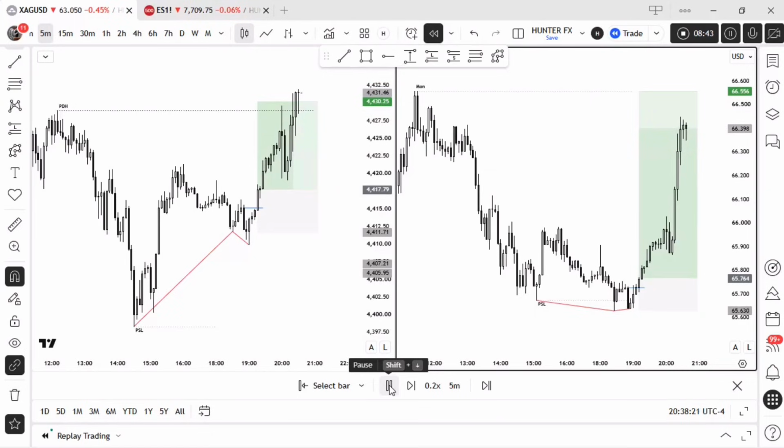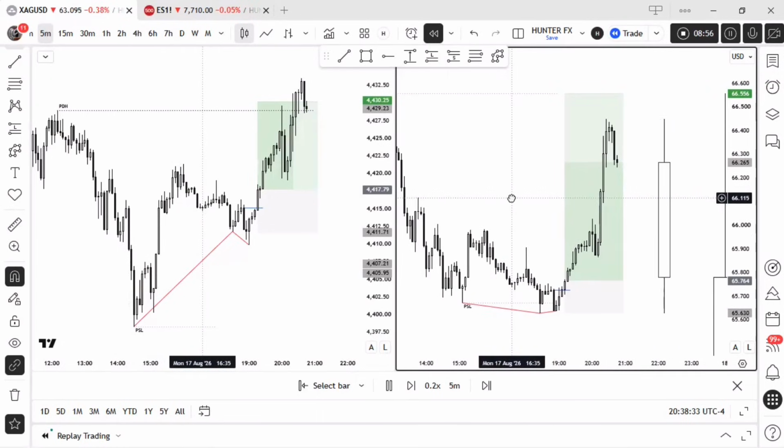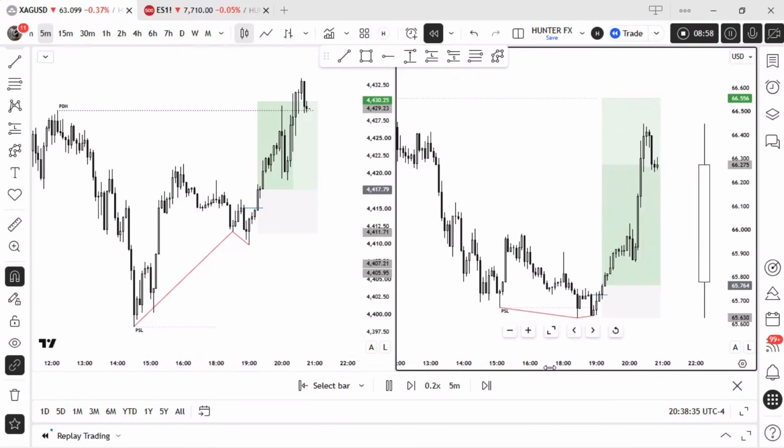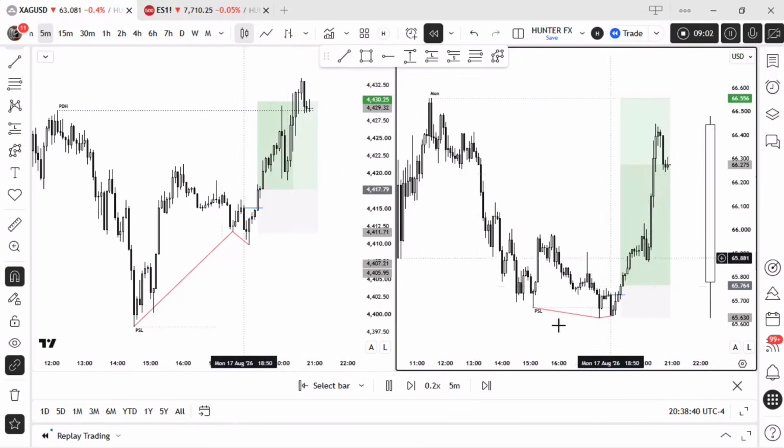Gold has already hit TP with the 2R. Waiting for silver to hit. Okay, running the profits on silver.